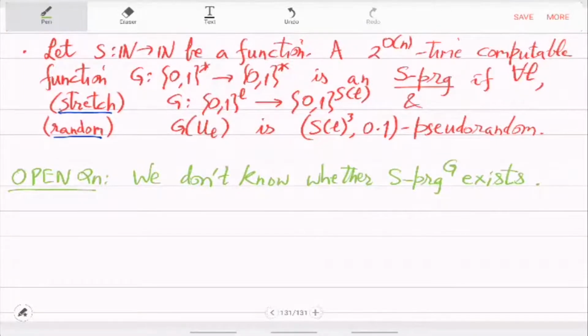And the problem is this time, 2 raised to n time computability. This kind of makes it explicit. So explicitness is the issue.